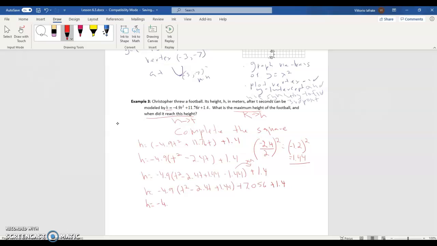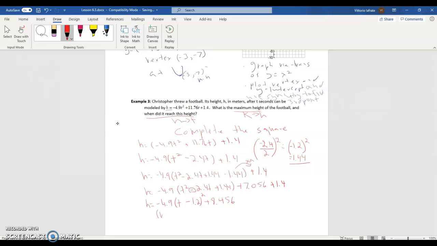So negative 4.9 brackets t minus 1.2 squared. There's a negative sign here, so that means this will be negative, and the square root of 1.44 is 1.2. And then 7.056 plus 1.4 is plus 8.456.